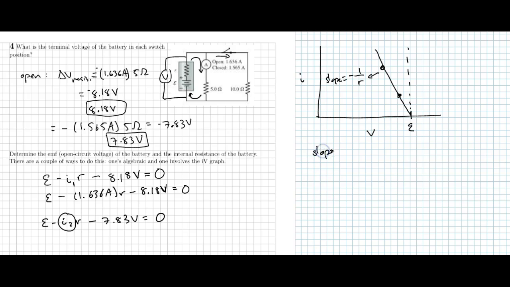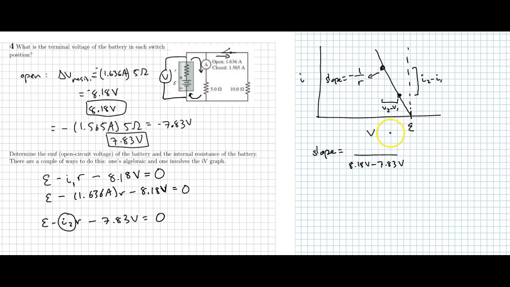The slope of the IV graph is rise over run, so this is I2 minus I1 over V2 minus V1, that would be terminal voltage. So the terminal voltages are the two that we got, 8.18 volts minus 7.83 volts, and the currents, though, are the total currents.